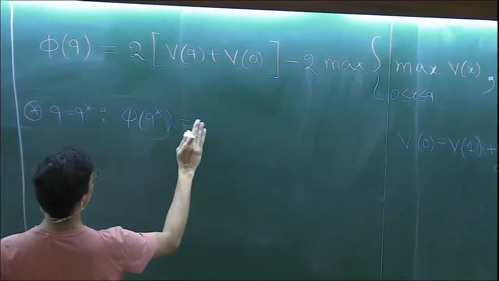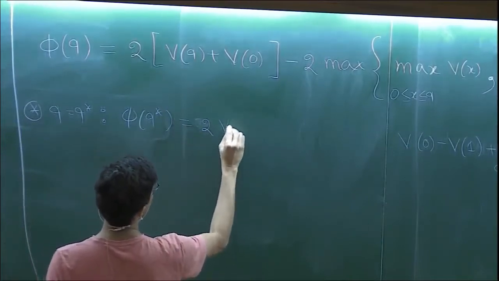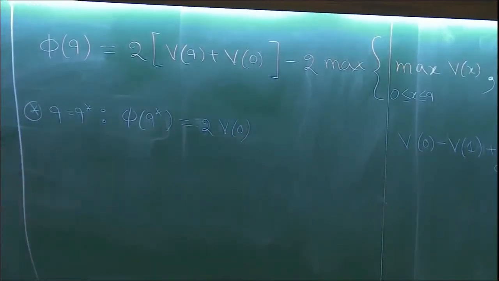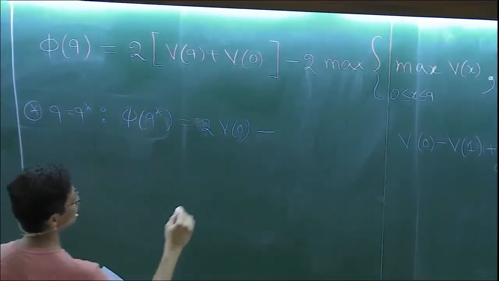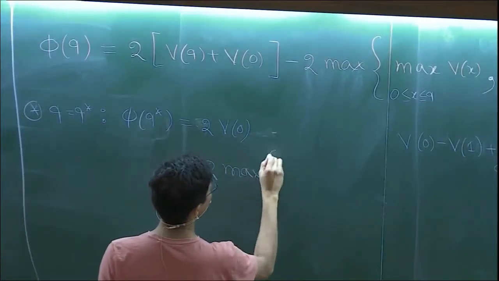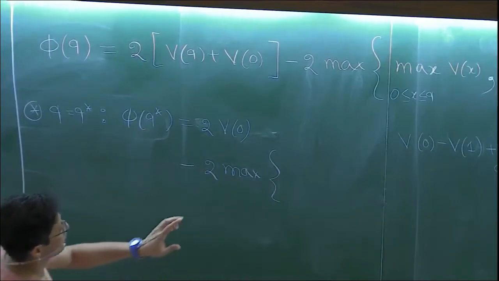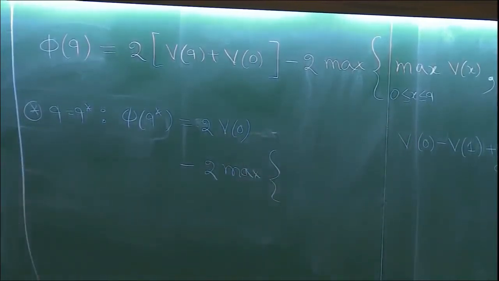So the phi of q star now becomes twice, so v of q star is 0, so it's v of 0. I'm looking at position q star, so let's write this twice the maximum of, now I have 2 points. I'm looking at the maximum of v in this range where x varies from 0 to q star. So the maximum is the value at 0.